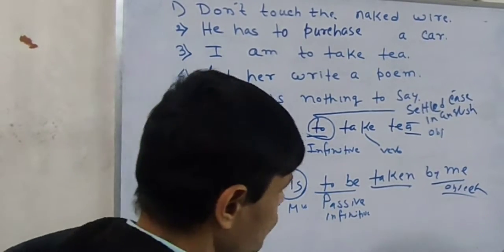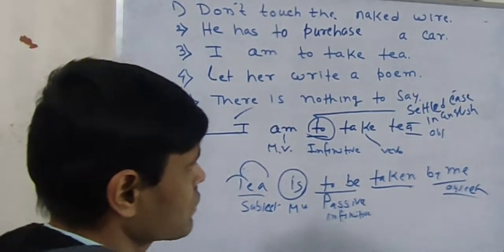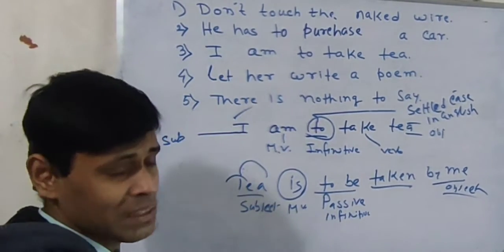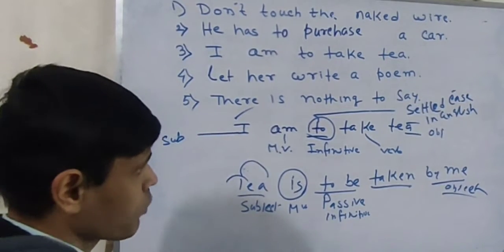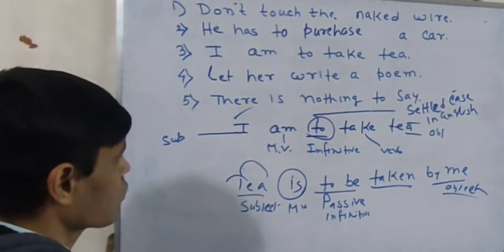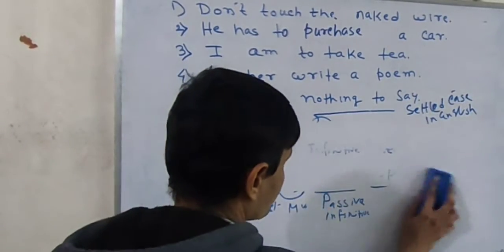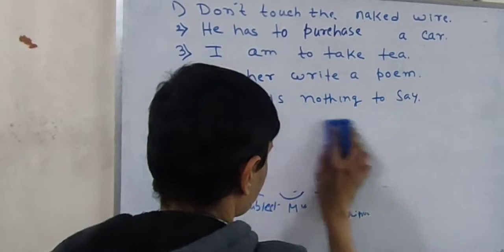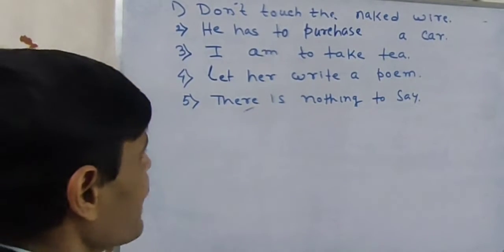I is changed into me. If you have any problem in understanding this, any difficulty or vice versa, you can easily ask your question in the comment box. So here I would like to go for the next question. Let her write a poem.